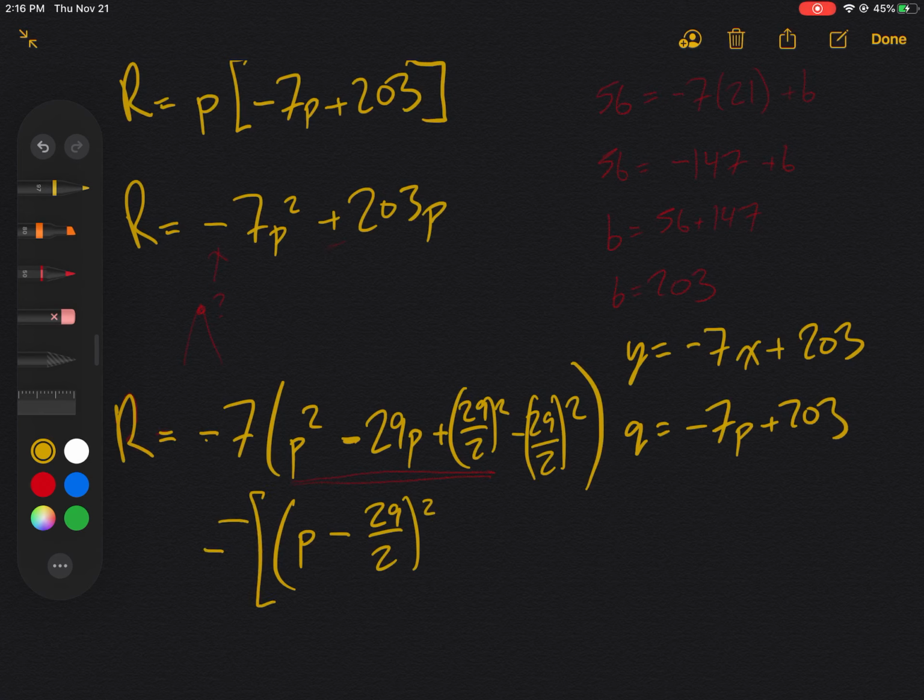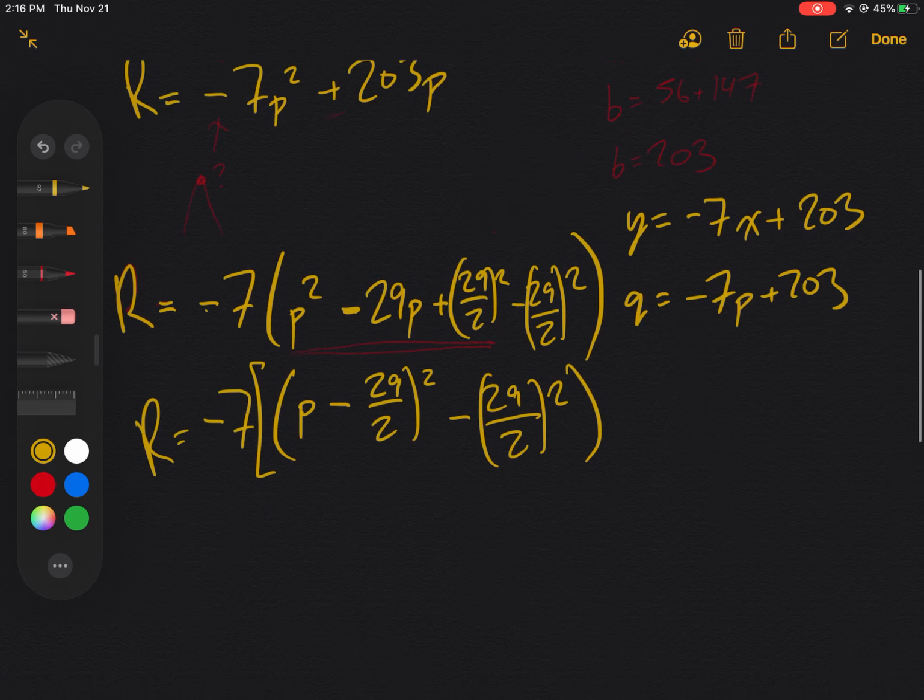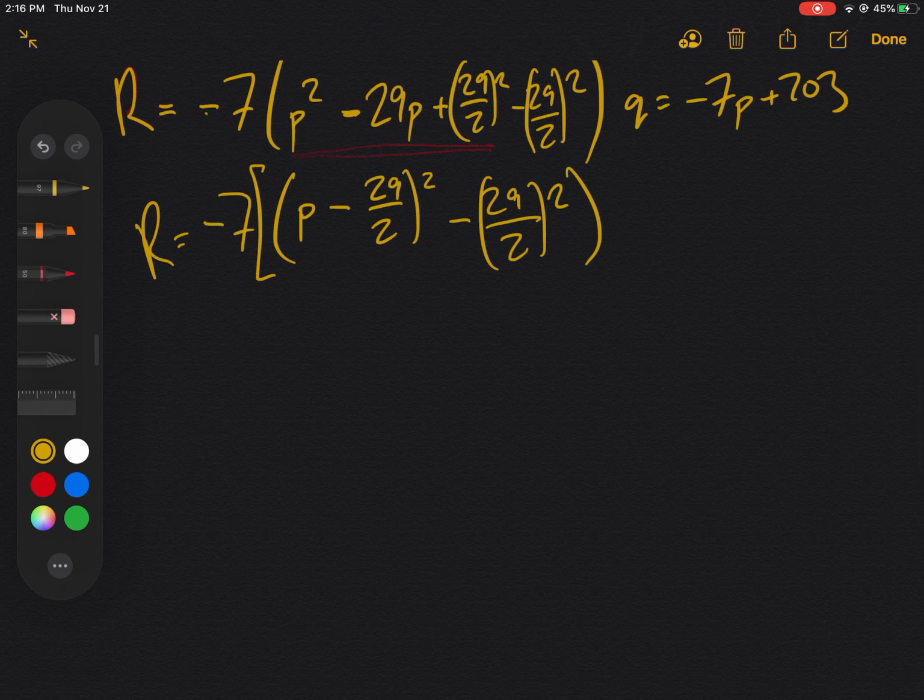Let's write the rest of it. Let's just write minus 7 times that, minus 29 over 2 squared. So basically now, that's R is equal to that. My next step is to distribute this minus 7 to this and this. So R equals minus 7 times our first term, which is P minus 29 over 2 squared, and then distribute this minus 7.